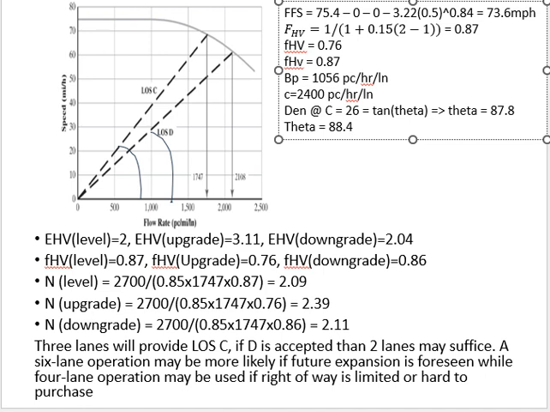So for this line, the angle is 87.8. For this line, the angle is 88.4. The curve is plotted, the lines are plotted. Wherever they intersect each other, this is your maximum service flow rate.